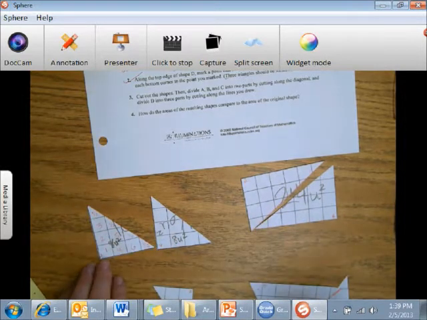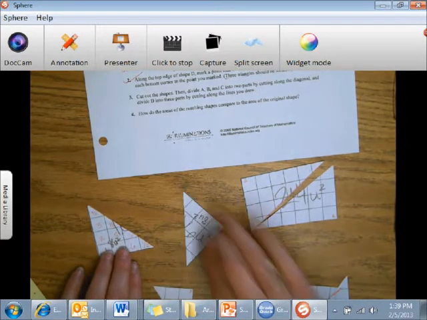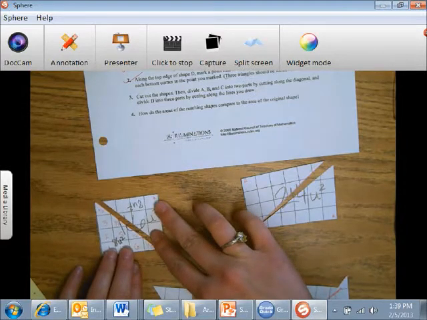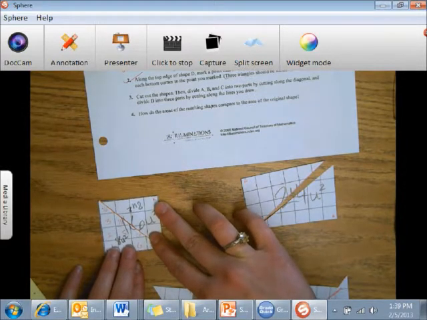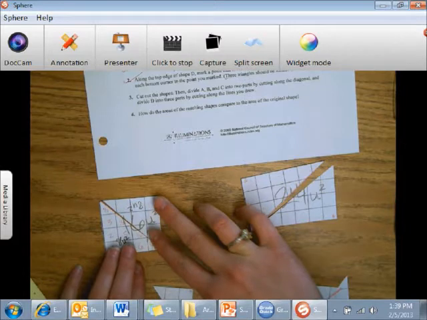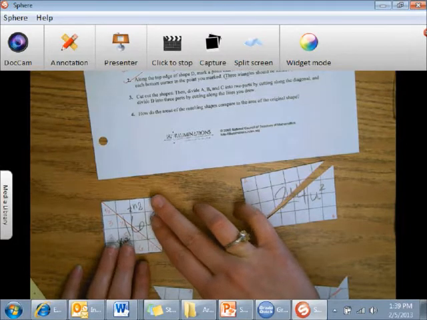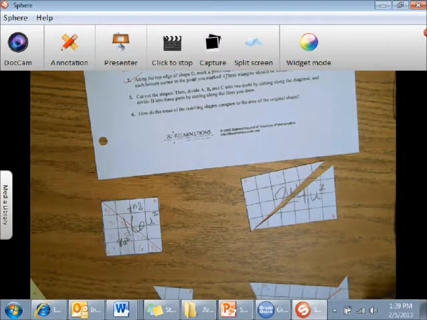Okay? If I add them together and turn them, I create a square, a rectangle. Well, actually a square, right? Because all the sides are even. And I get my original 16 units squared. Which tells me that the area of a triangle is half of what the area of a square was.